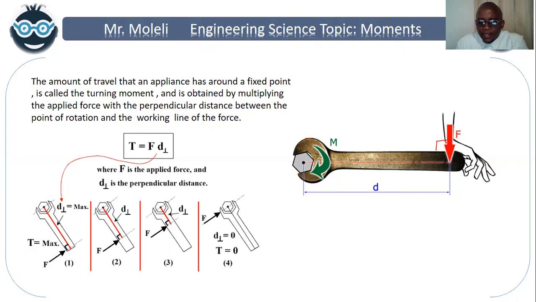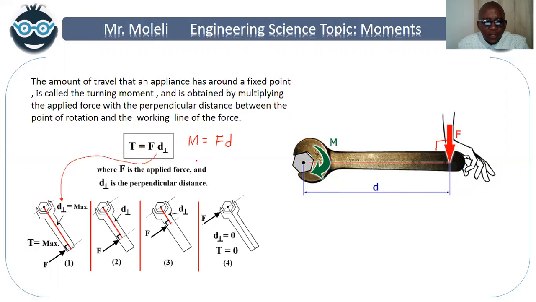And the closer you get to the pivot or the turning point, the less moment you'll obtain. Right at the end here, you're obtaining maximum moment. So now the formula to calculate moment is M equals force by D, which is basically this.